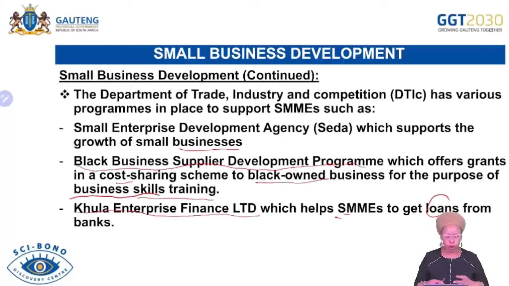Then you can approach Kula Enterprise Finance Limited, which will assist you to qualify for a bank loan. Sometimes when you approach the bank for starting a business, because you never earned an income, there's no record which the bank can use to track whether you are able to manage funds, etc., you find that your loan is not approved. But through Kula Enterprise Finance Limited, entrepreneurs can access bank loans.